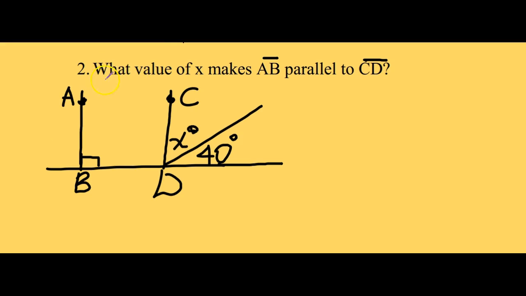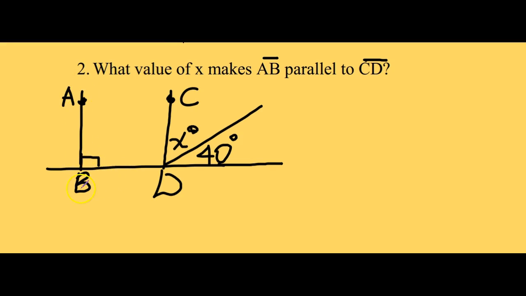All right, in this question, they're asking what value of x will make AB parallel to CD. So for them to be parallel, assuming that BD is the transversal, this symbol already tells us that there's a 90-degree angle here.